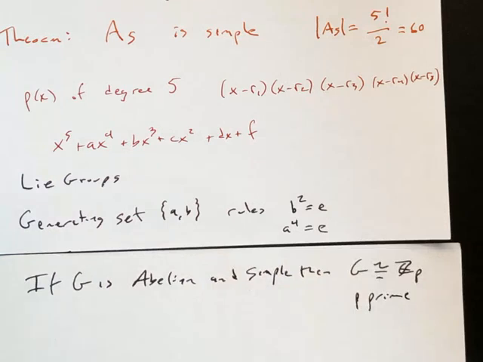In the 60s, 1963, two people, the book says Thompson and Feit, I've never read the paper, showed that every finite non-abelian simple group had even order. A5 is non-abelian, order is 60, that's even, it's simple.